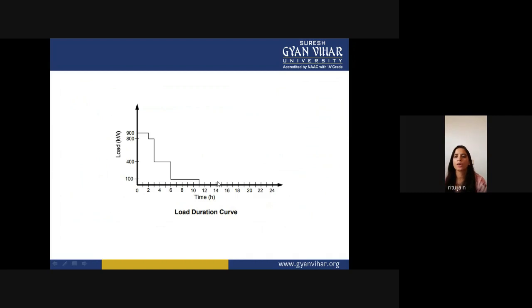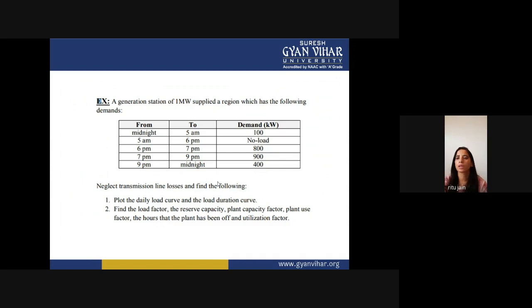I have already told you that the load duration curve starts from highest to lowest, meaning descending order. The highest demand of load from the table is 900 kilowatt from 7 p.m. to 9 p.m., only for 2 hours.